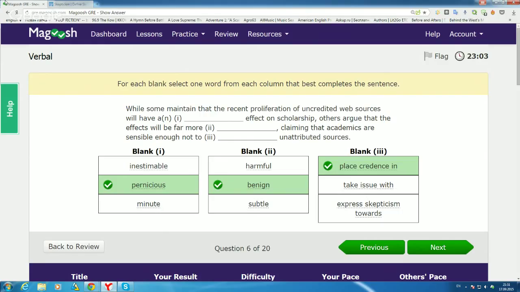It is going to affect the way people learn. In this first section, John, they are saying that there are lots of websites using uncredited sources, and this is going to have a negative effect on scholarship, a negative effect on learning. But others argue that the effects will be far more harmless.